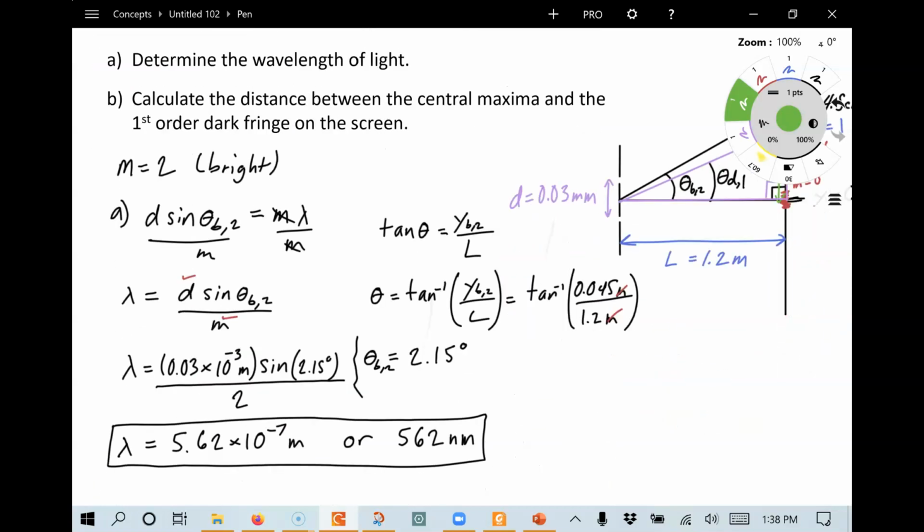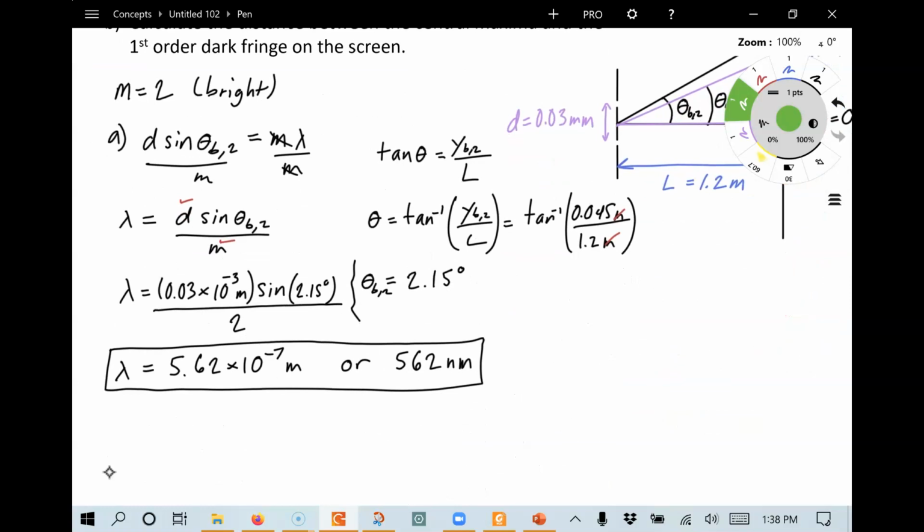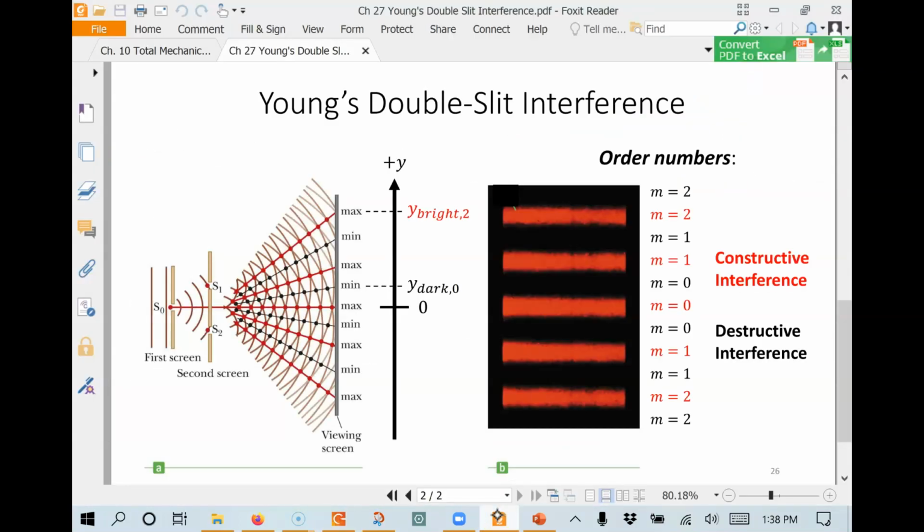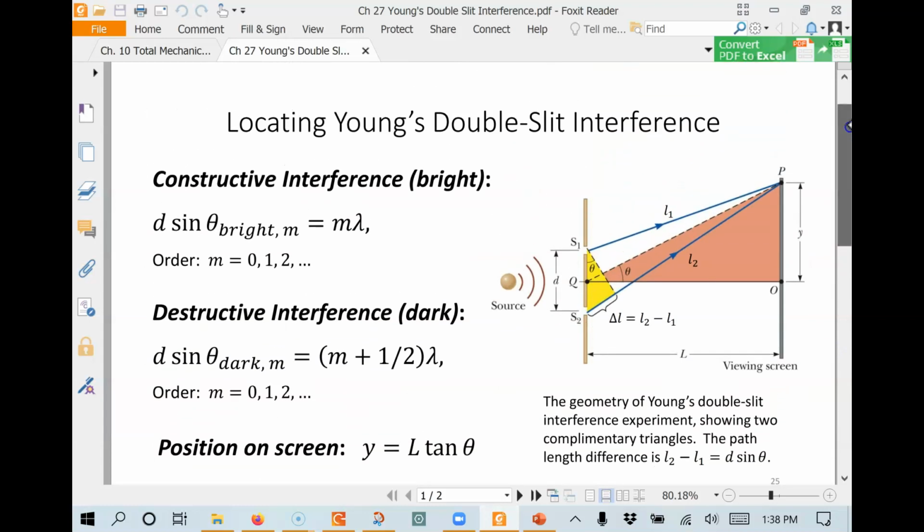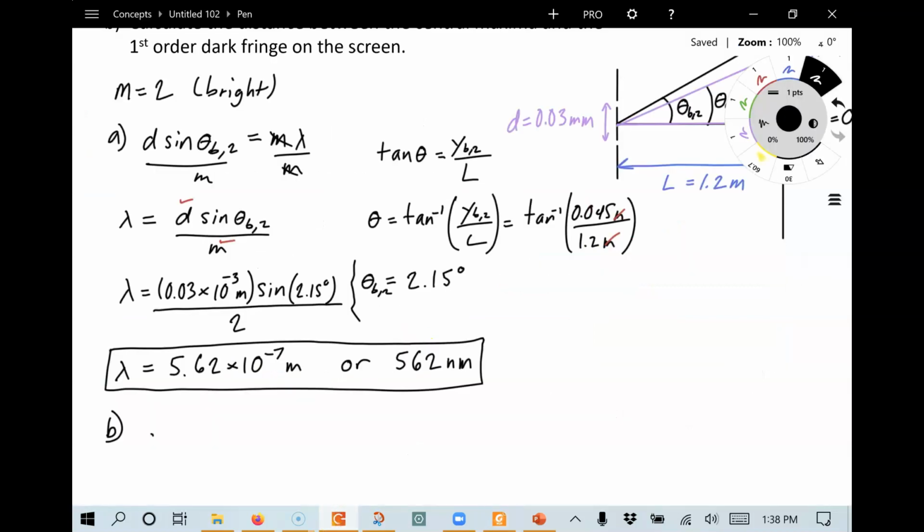All right. So for part B, to calculate the theta dark 1, we're going to need to use the equation for the condition for destructive interference, which is this one here. d sine theta dark m equals m plus 1/2 lambda. So there's our equation, and now we know everything here.